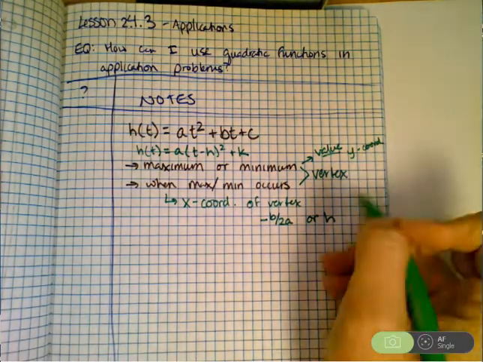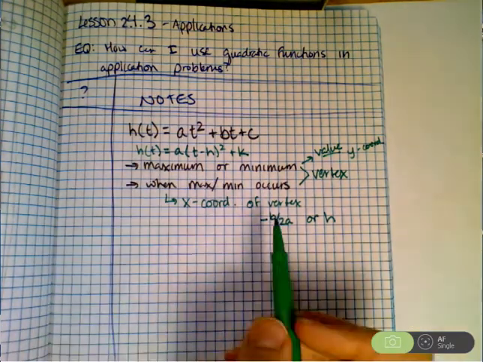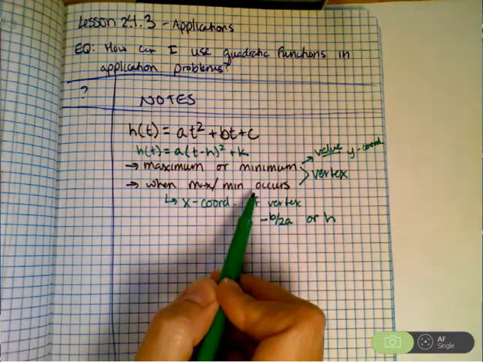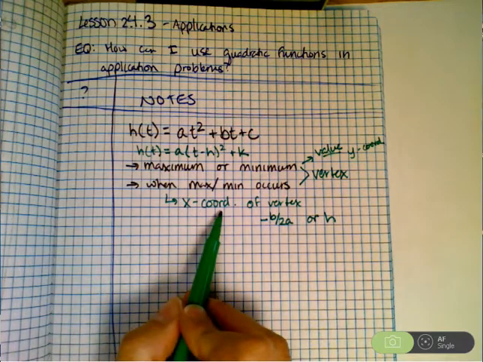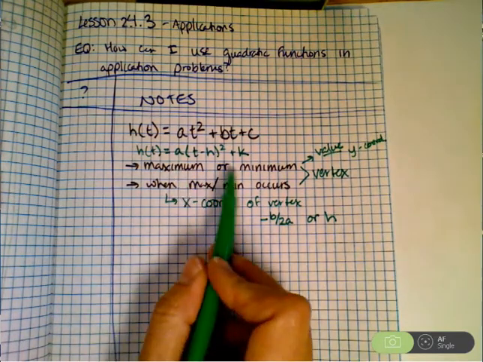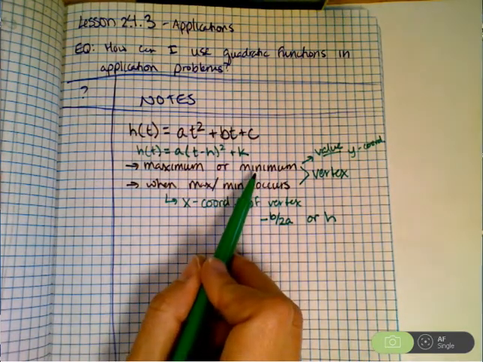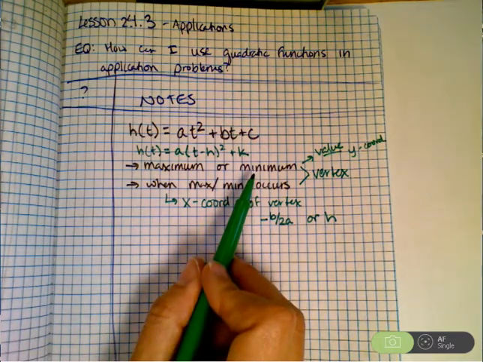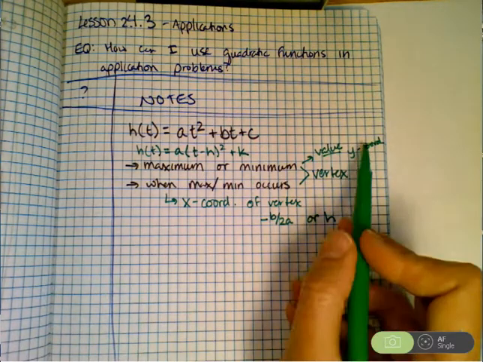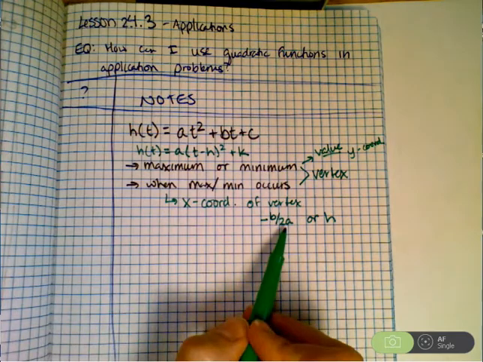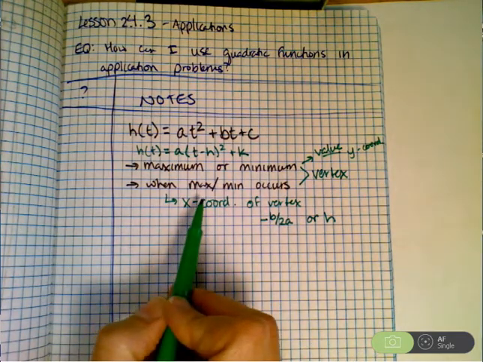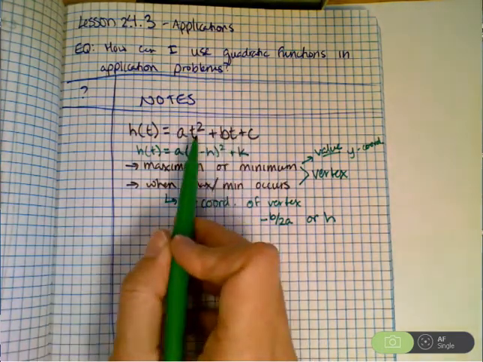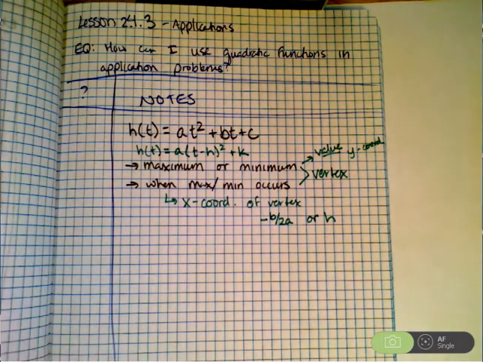So when you're looking for those two questions, maximum or minimum and when it occurs, the when is the x-coordinate, and the value of the maximum or minimum, so what's the maximum height, what's the minimum profit, something like that, would be the actual value you get when you plug in this x-coordinate. Because remember, the rest of these are all numbers other than the t's. Okay, so those are the two things that you're often asked.